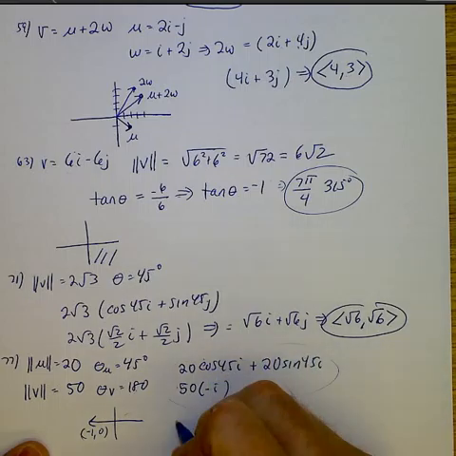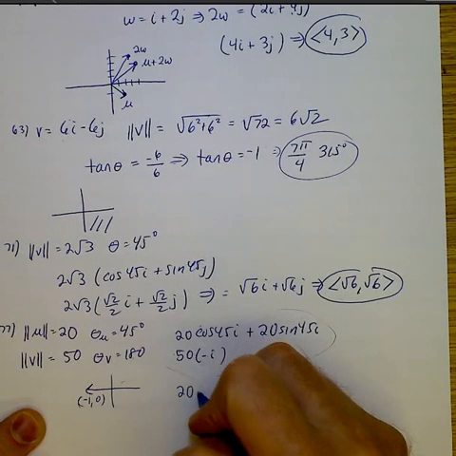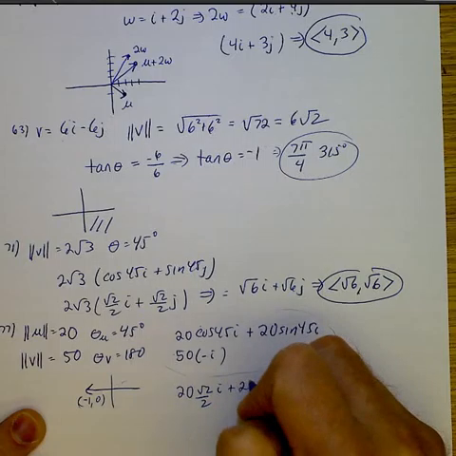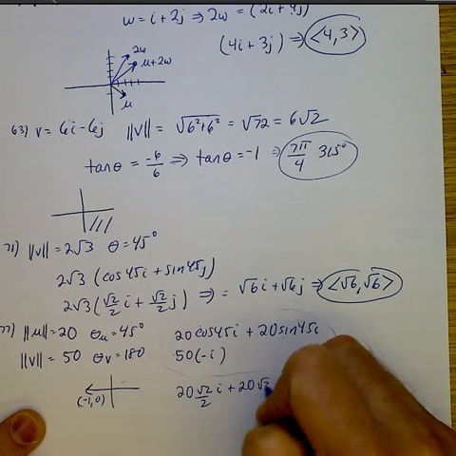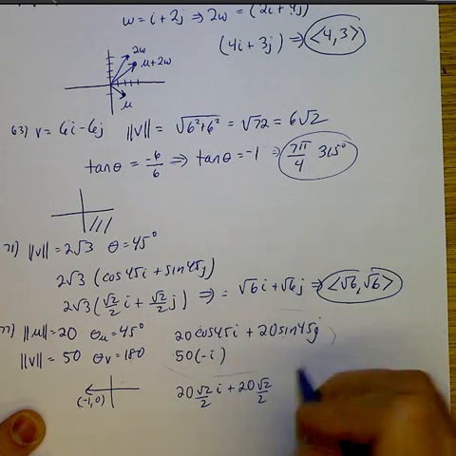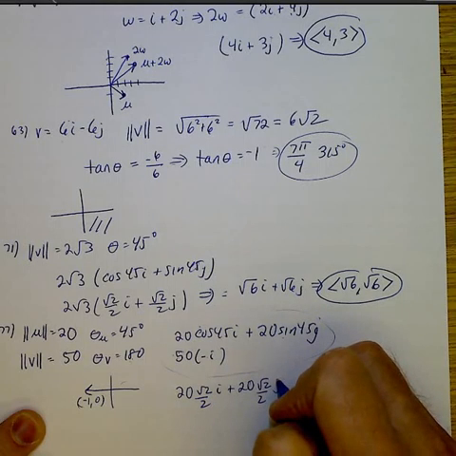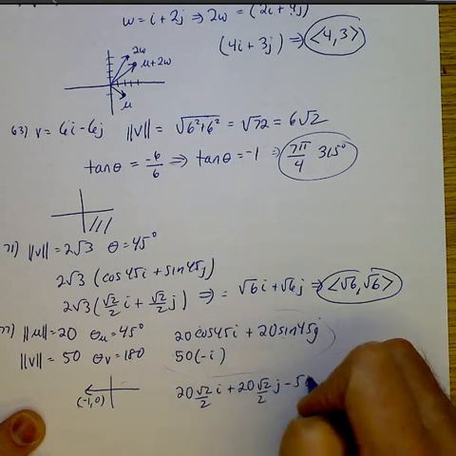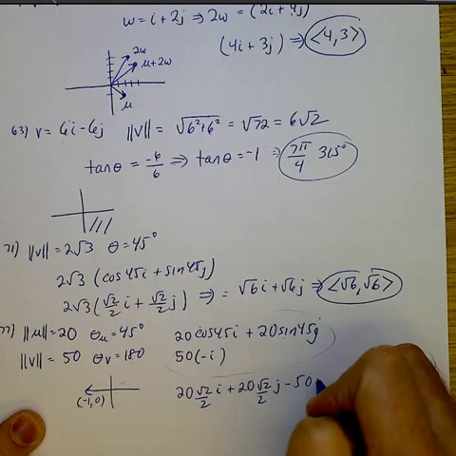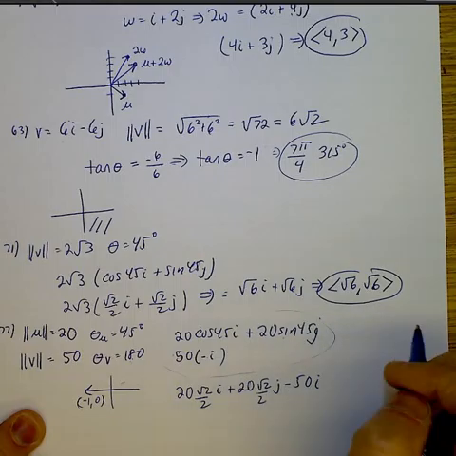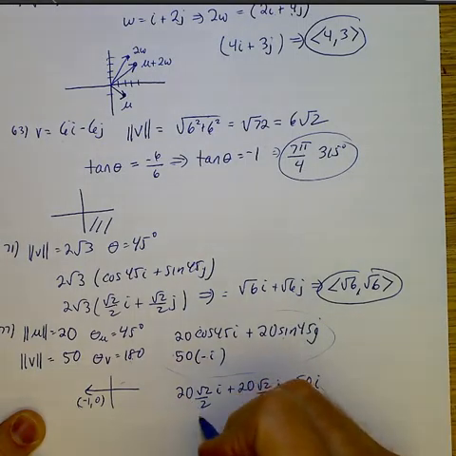So we'll take 20 times the cosine of 45, which is root 2 over 2 i, plus 20 times the sine of 45, which is root 2 over 2 j, minus 50i. And we can simplify 20 over 2.